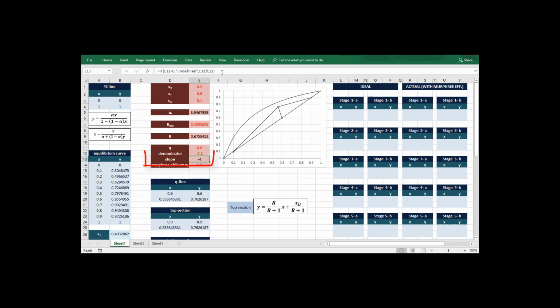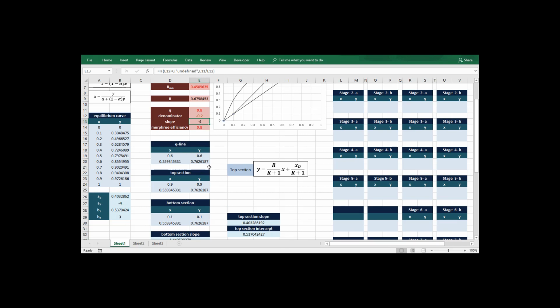For the slope, if the denominator is equal to 0, it will be undefined. Otherwise, slope is equal to Q all over denominator. For the Q line in y2, I put a condition where if the denominator is equal to 0, y equals y2 of the top section.